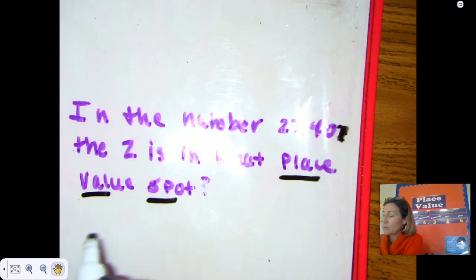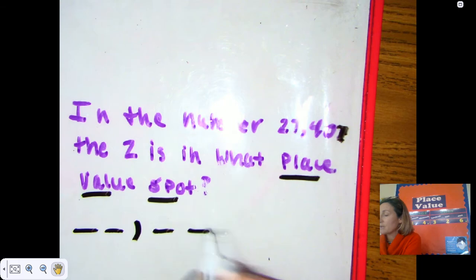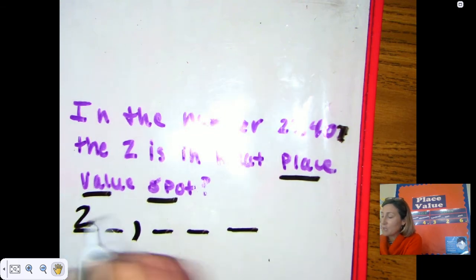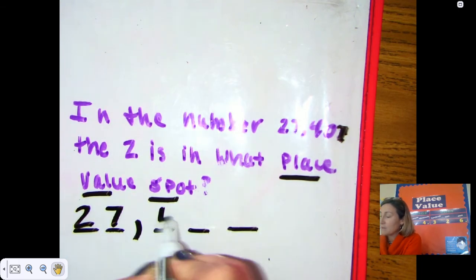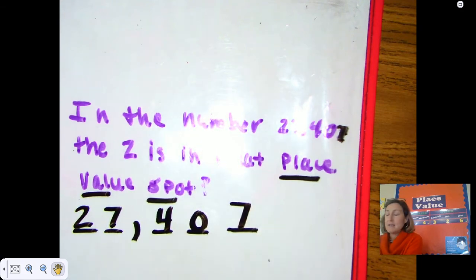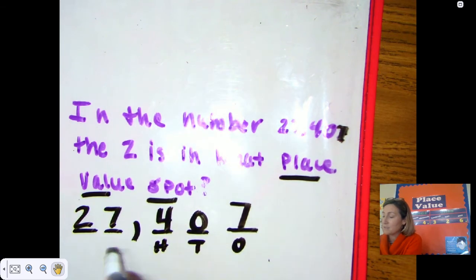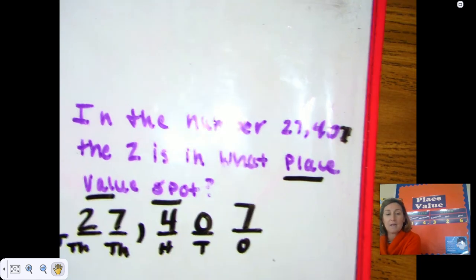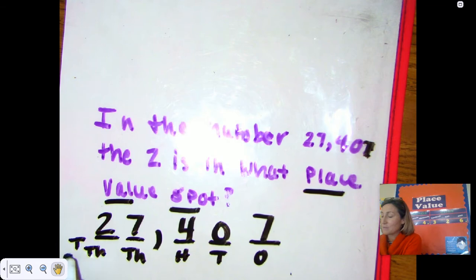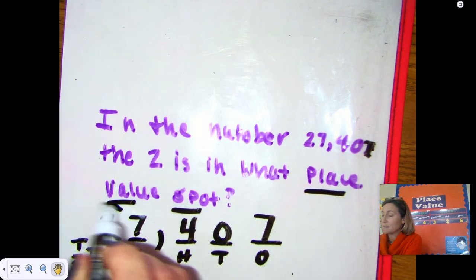So here we go. 27,407. Let's plug it in. Now ones, tens, hundreds, thousands. You can just do a 10,000 right there.